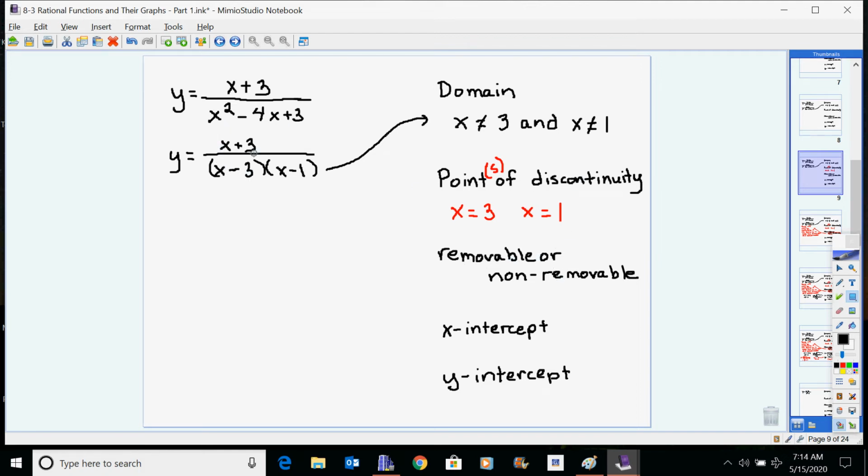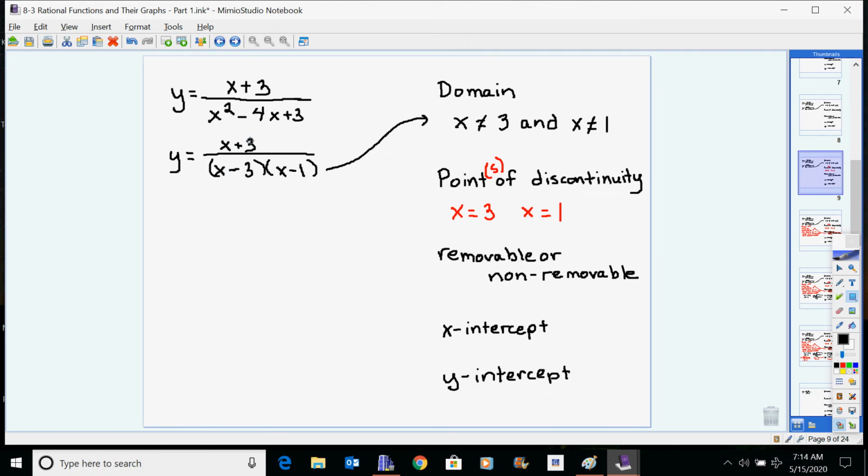Now, as far as whether it's a removable point of discontinuity or non-removable, what you look at is whether there is anything in the numerator and the denominator that can be canceled out. Remember, you're looking for factors that can cancel. So here, x plus 3 can't cancel with x minus 3. There are no matches here. So since there are no matches, we're going to be thinking about asymptotes, not holes. I'll say that again.